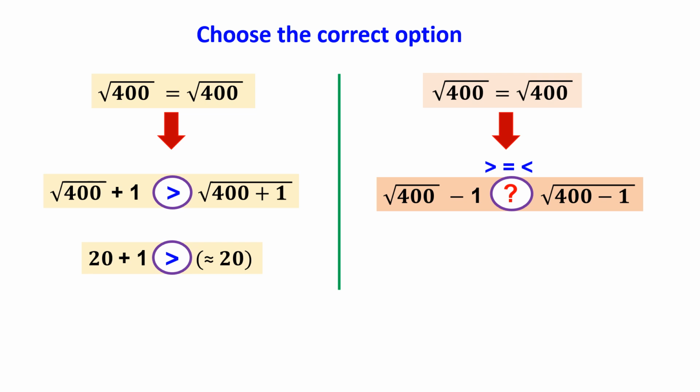We go to the example where we subtract 1. On the left-hand side we have 19, and on the right-hand side we have almost 20. So the value has been larger.